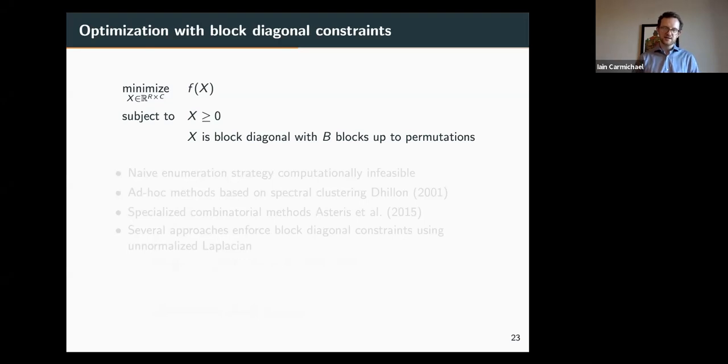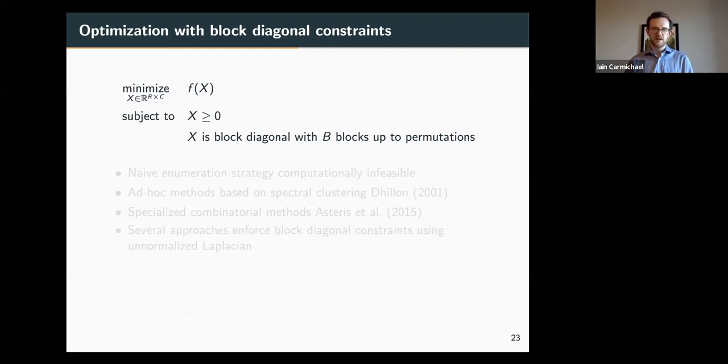Let's abstract out the mixture model setting for a few minutes, and just think about optimization in general with block diagonal constraints. Let's consider the problem where we're trying to minimize some objective function f of some matrix parameter x. X is r by c, some number of rows by some number of columns, and x is constrained to be block diagonal with b blocks up to permutations, which again I'll define more precisely in a second.